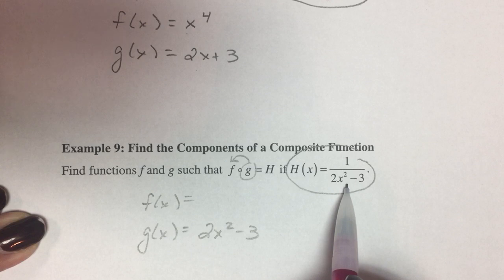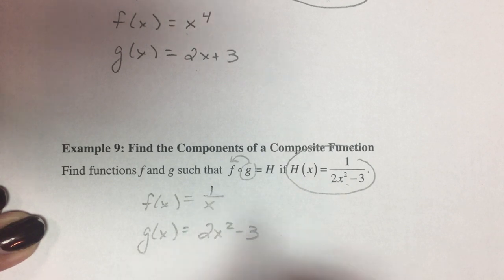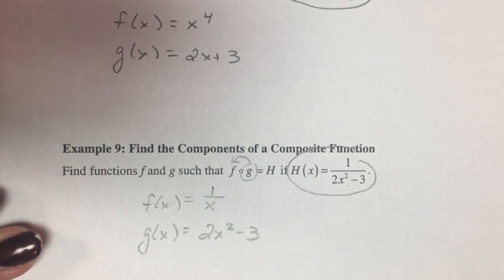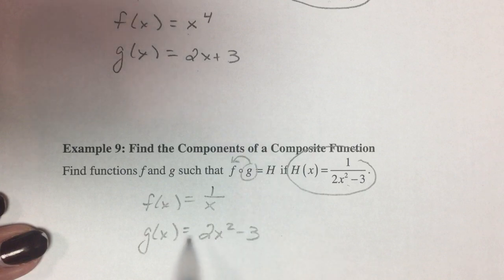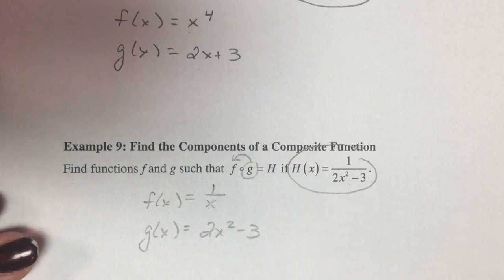That looks to me like it's been plugged in for something else. And if I take that out again and replace it with my x, my original function was 1 over x. And again, if I were to quick check this and find f of g of x and plug g into my f, you can see I would get the composition function.